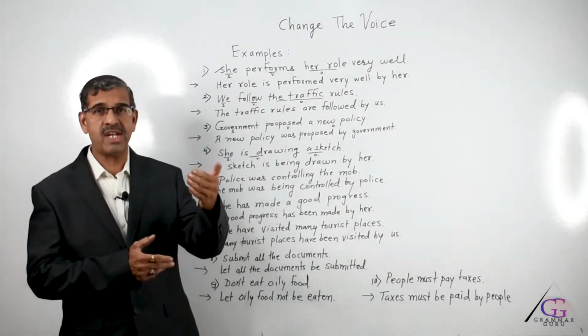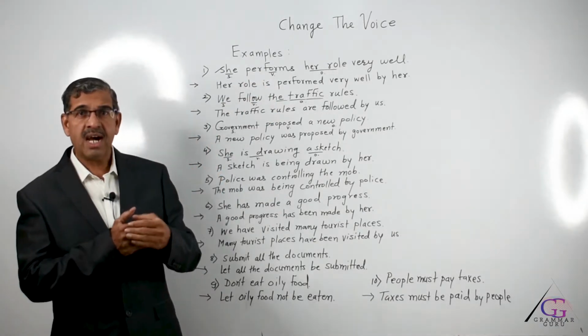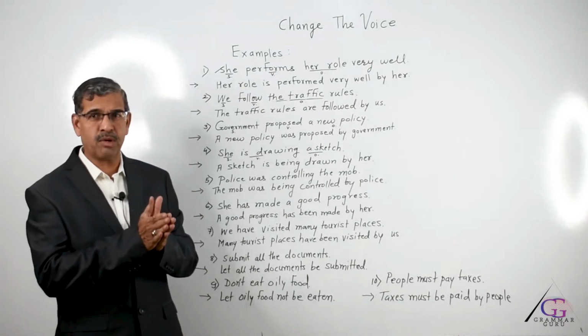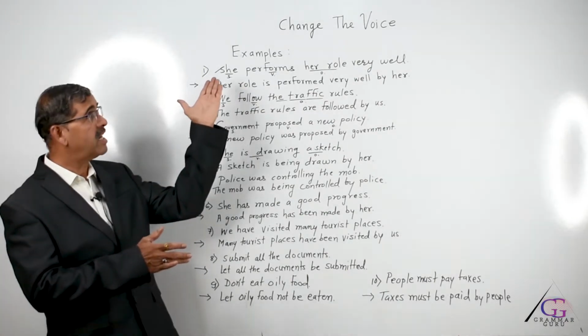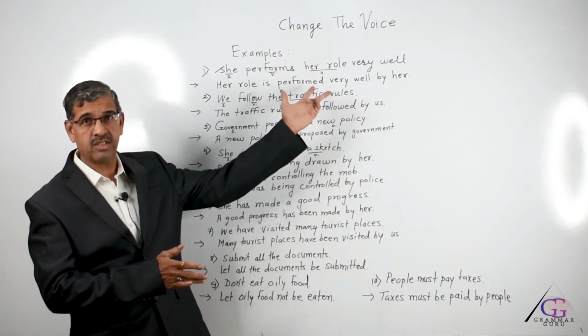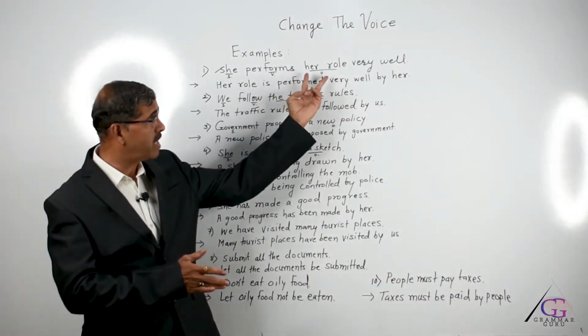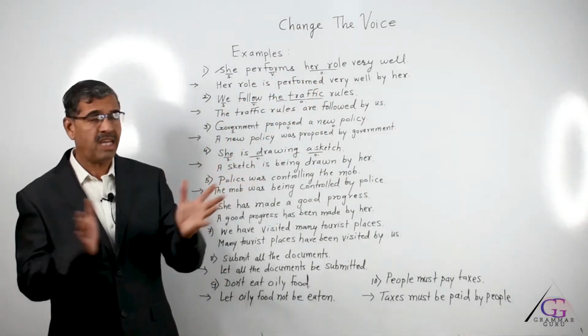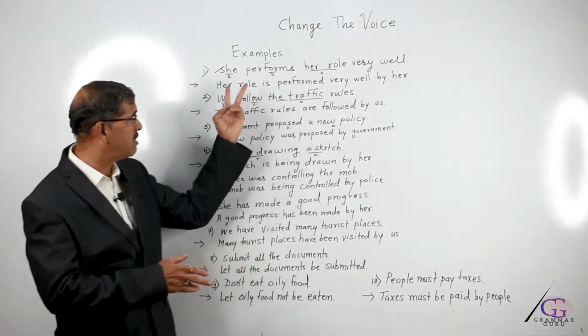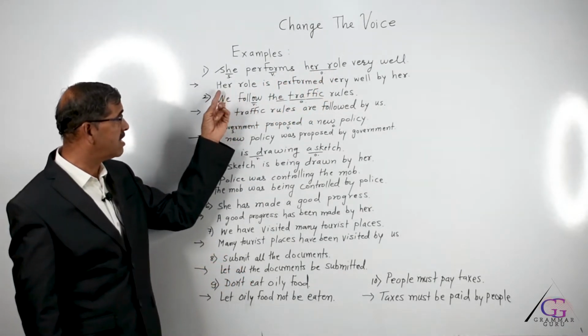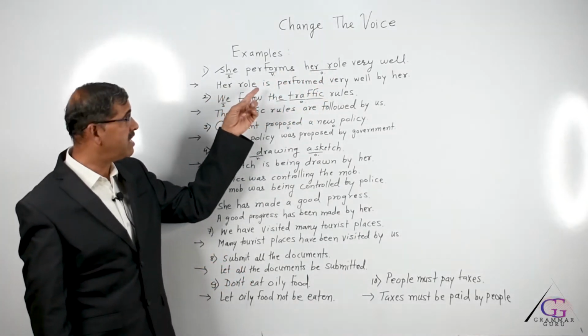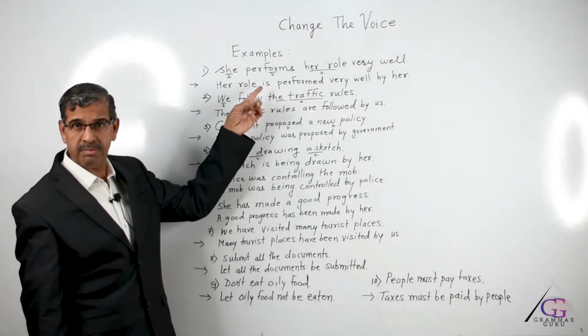So when we change active voice to passive voice, our job is to shift the importance from subject and give importance to object first. So in the answer, the object word, it may be 1, 2, 3, many, should come in the beginning, as I have written in the answer, her role, then it is followed by the helping verb is.